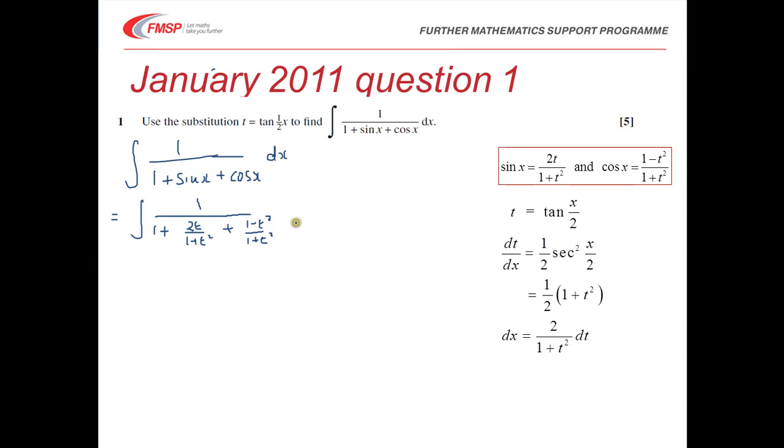And then we'll substitute in for dx, which is 2 over 1 plus t squared. And now we're integrating with respect to t.